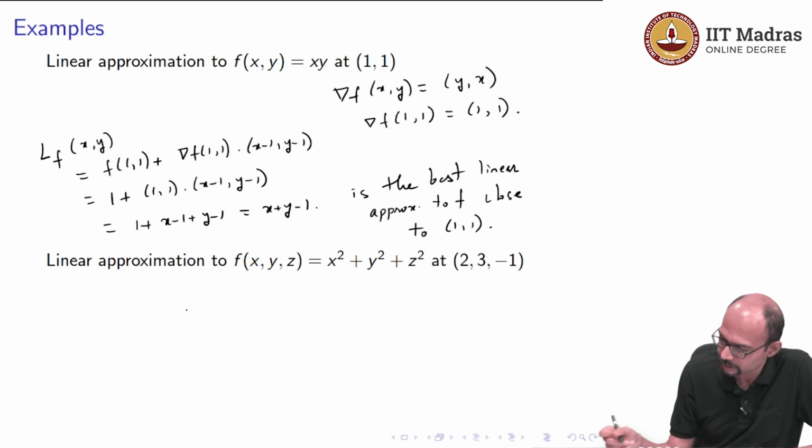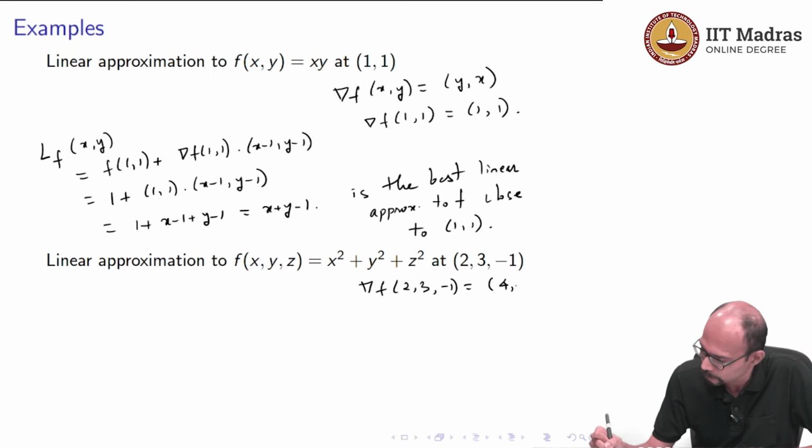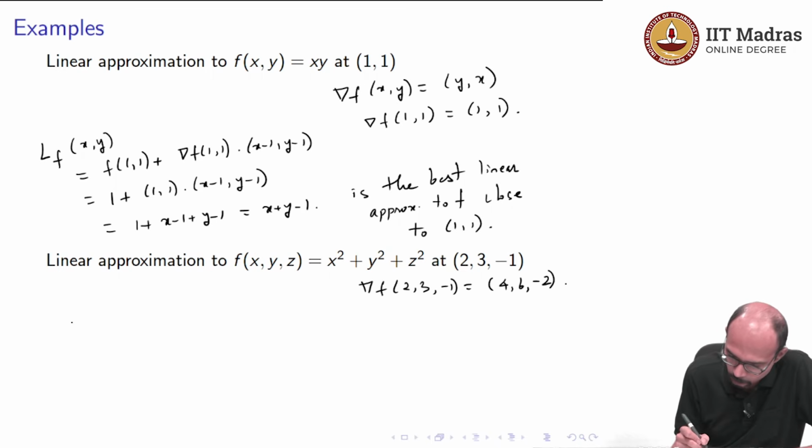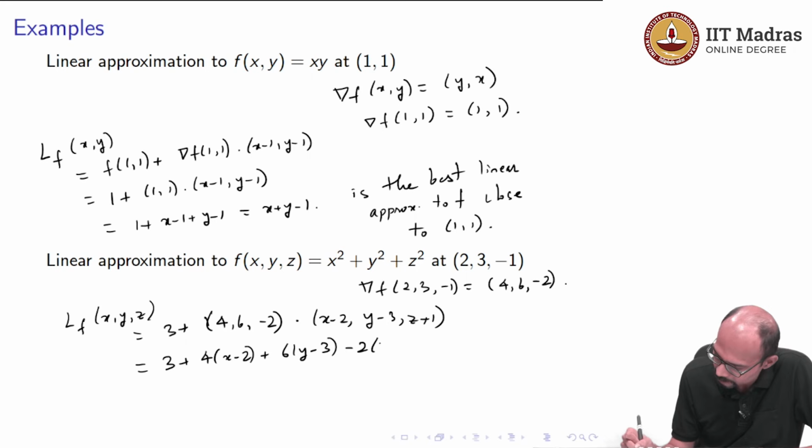Let us do the same thing in 3 variables. So, if you have f of x y z is x square plus y square plus z squared, well, we know what is gradient at this point. We have done it a couple of slides ago. This was 4 6 minus 2. So, Lf of x y z is 3 plus the gradient, which is 4 6 minus 2 dot with x minus 2 y minus 3 z plus 1, which is 3 plus 4 times x minus 2 plus 6 times y minus 3 minus 2 times z plus 1.